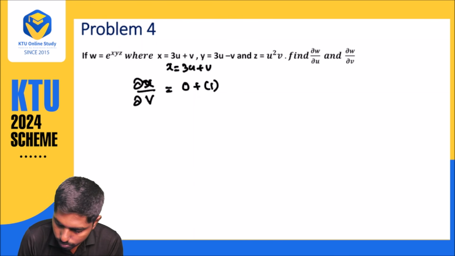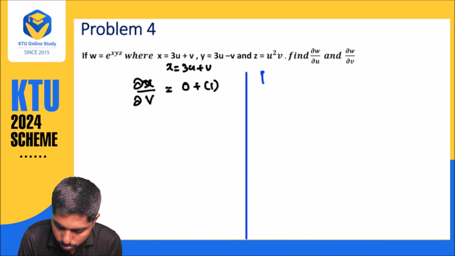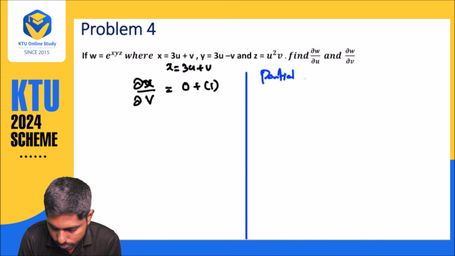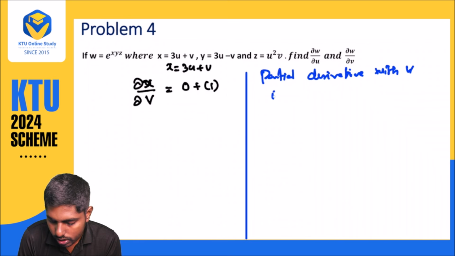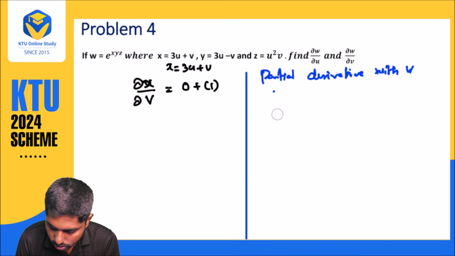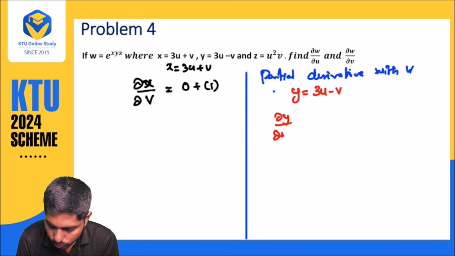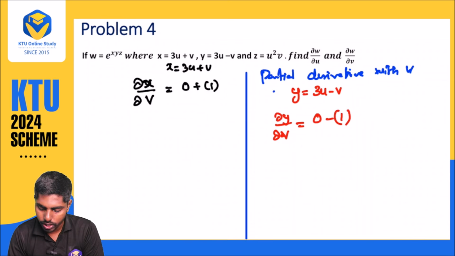Similarly, the partial derivative with respect to v, so ∂y/∂v is equal to what? y is equal to 3u minus v, so ∂y/∂v is equal to 0 minus 1, 0 minus 1 we are getting.